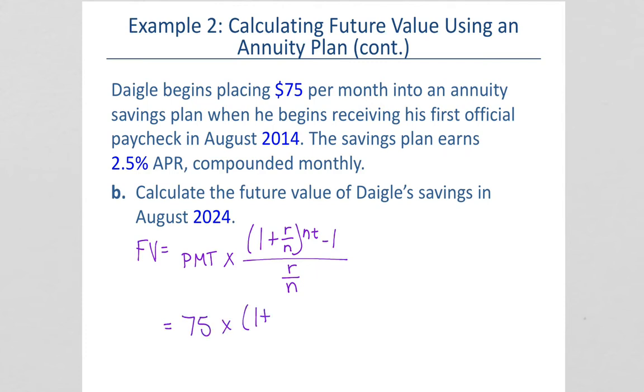The rate was 2.5%, so 0.025. 12 times a year for 10 years. And we put the same R over N on the bottom.